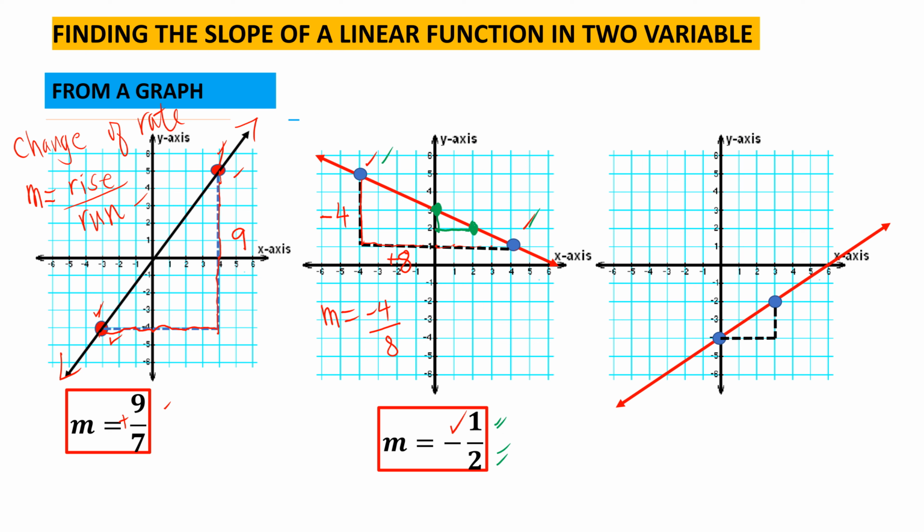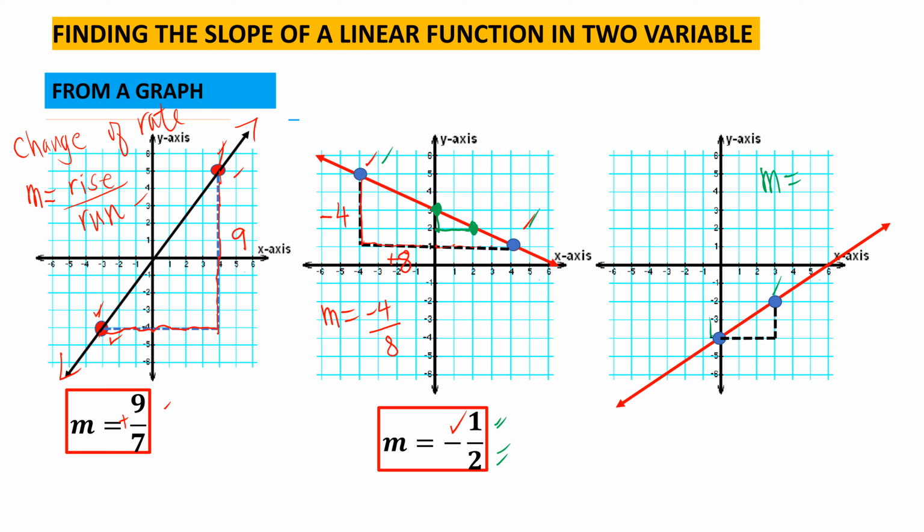Let us now have number 3. The 2 chosen points are there, okay? If we want to know the slope, remember, this line slants to the right, so we will be expecting that our slope is positive.